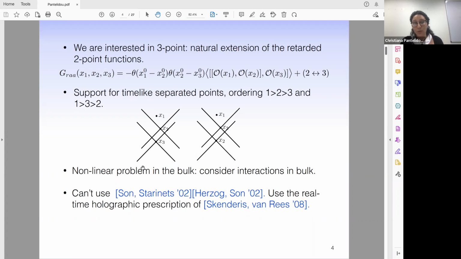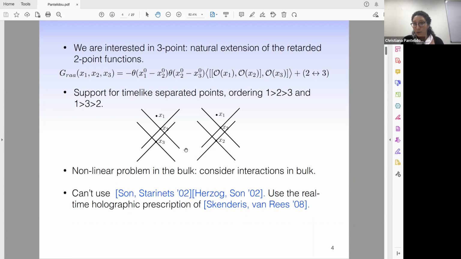The simplest thing to do, and this is what we're going to do today, is to consider a lambda phi cubed term. At this stage, it's in principle not clear whether we can use the Son-Starinets prescription of ingoing boundary conditions.